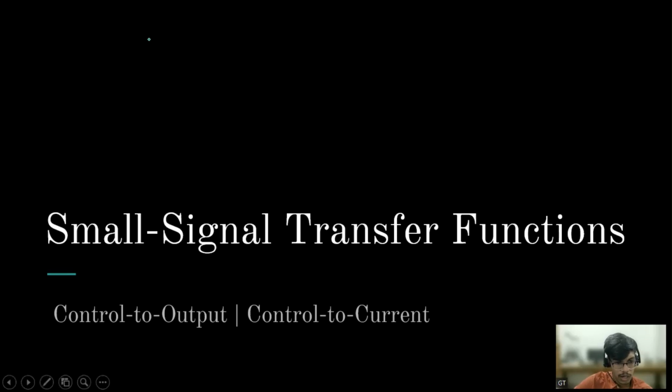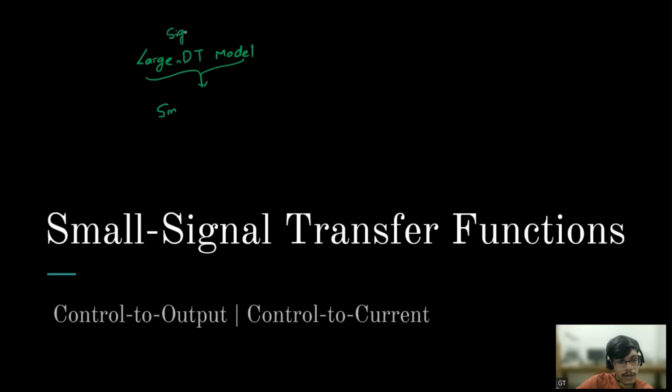So our entire outline is, first we have derived the large signal DT model. Using that DT model, we have derived the small signal DT model by means of two approaches.